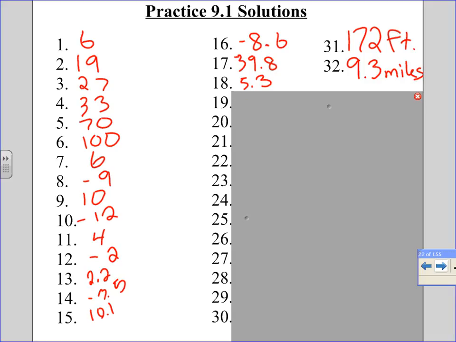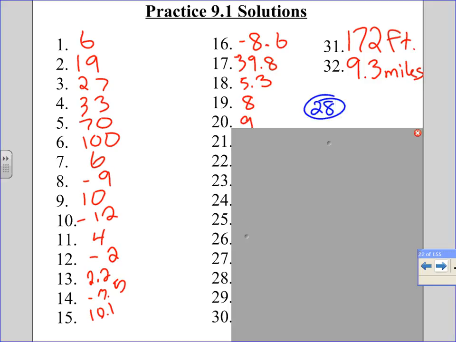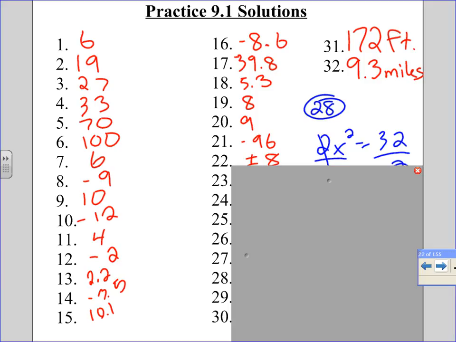Jeremy, 19. Good, Doug, 20. Nope. Annalise, 20. Good, 9. Number 21, Emma H. Good, -96. Manatee, 22. Good job, plus or minus 8.